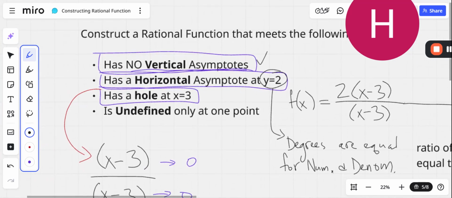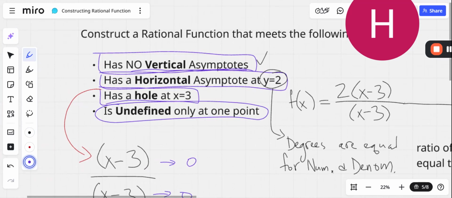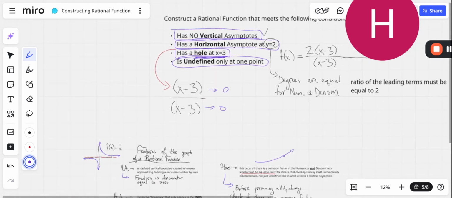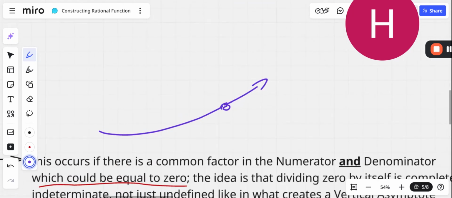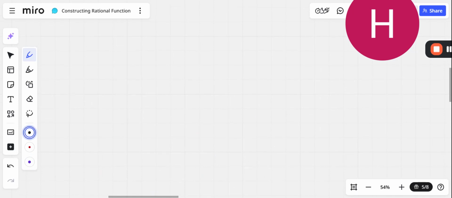And then we have this very important feature. It's undefined only at one point. What point do you think it's undefined at? Well, probably the hole that we just discussed. The hole is a blip. It's an undefined portion of the graph, kind of like I demonstrated here. So if there's a little blip at x equals 3, we don't know what the y value is, but we know that at x equals 3, there's a little blip.